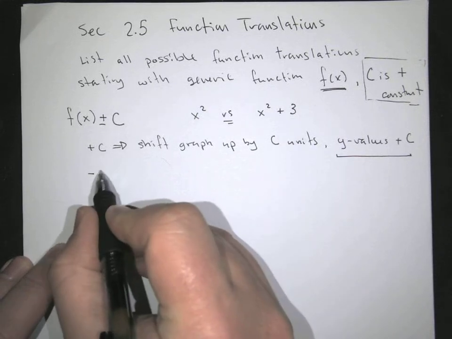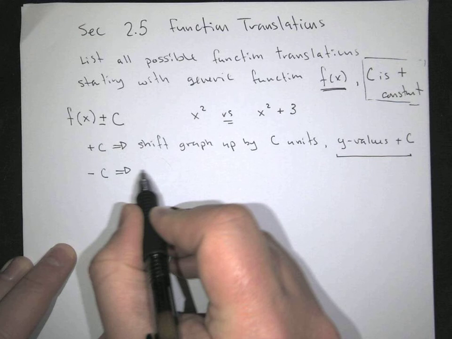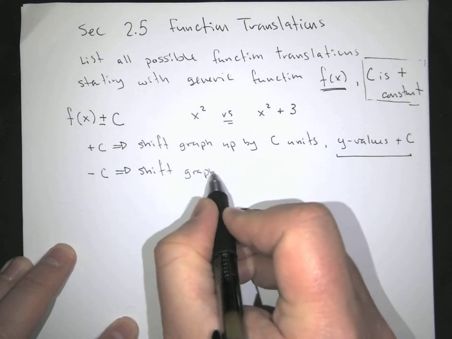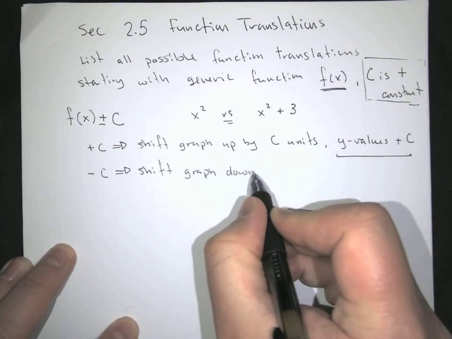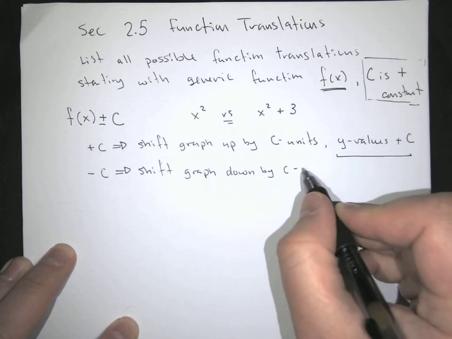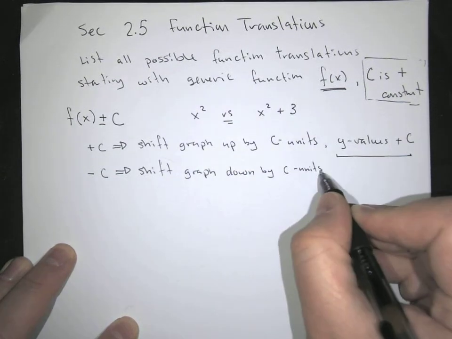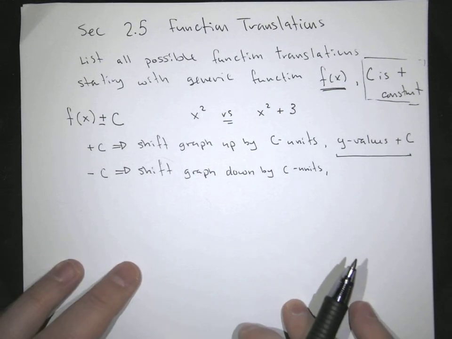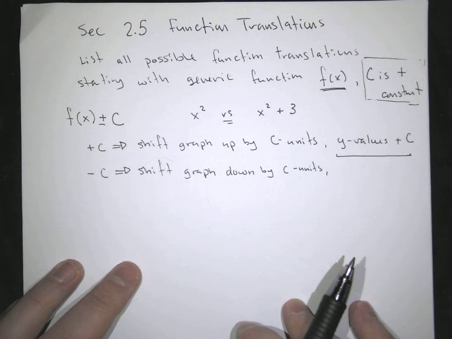You would probably expect then that if I did minus c, that's going to shift my graph down by c units. So this is pretty intuitive. If I add some number, 3 for example, I'm going to shift all my values up by 3.